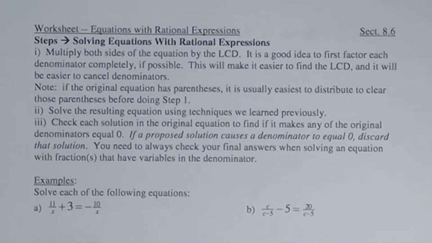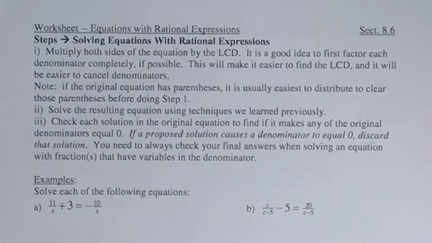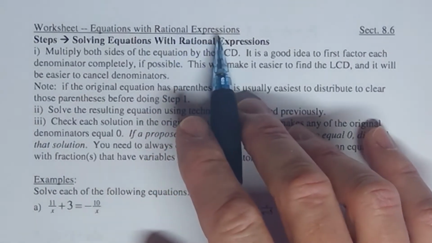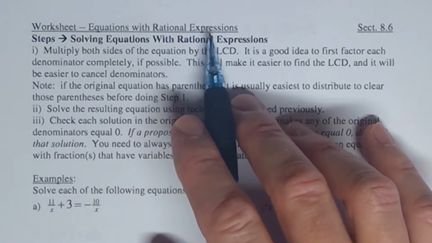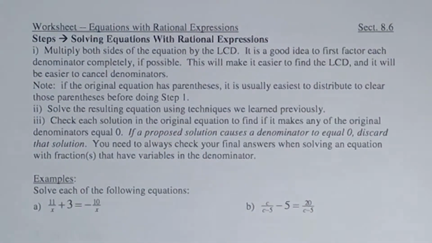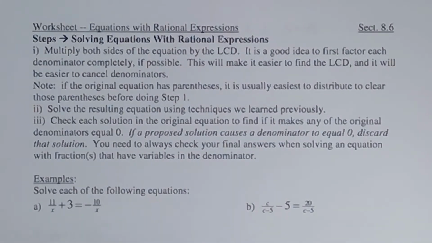What's different about these equations, okay, and it says equations with rational expressions. You may remember from a previous video a while back that a rational expression is just simply a fraction. It's a fraction that has a polynomial on the top and bottom, but the entire fraction is not a polynomial.